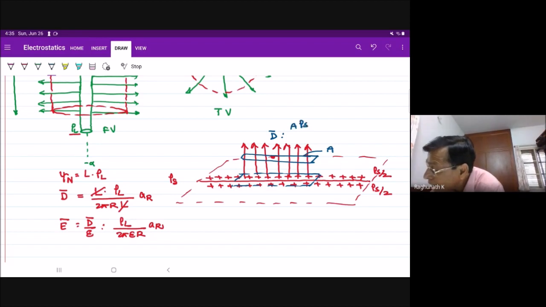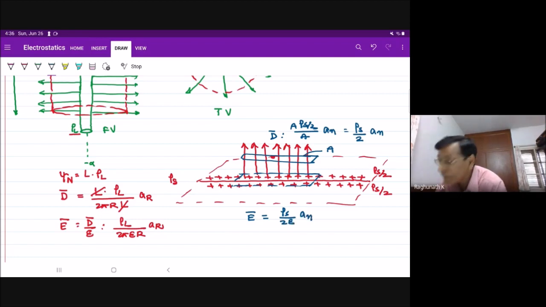A rho S by 2 by A AN, which is rho S by 2 AN. Because the flux density at any point is rho S by 2 AN, electric field intensity E bar is equal to rho S by 2 epsilon AN.